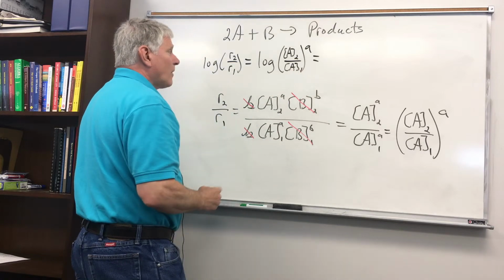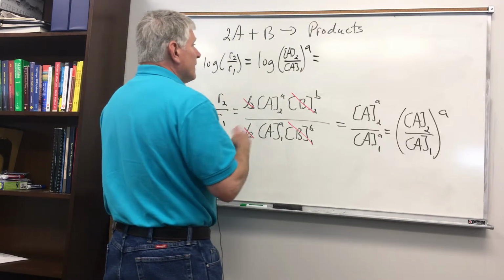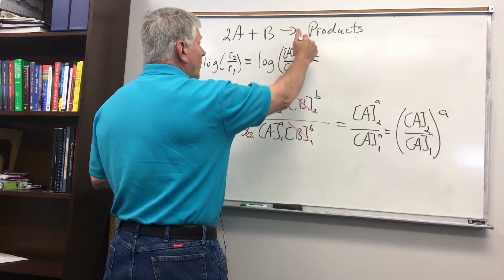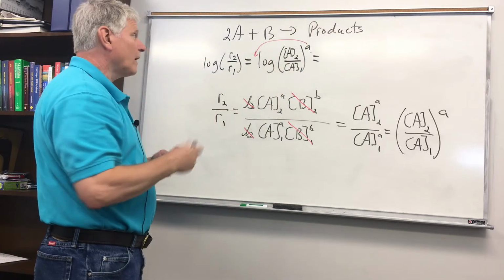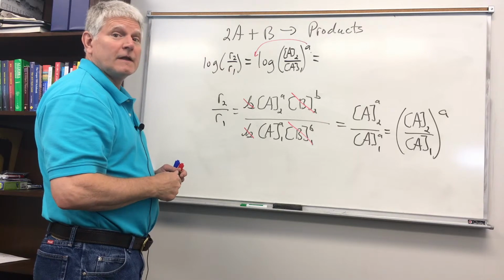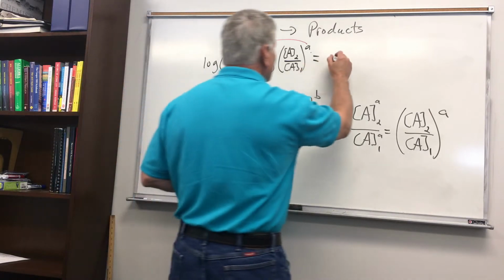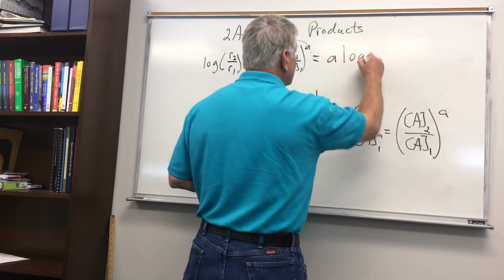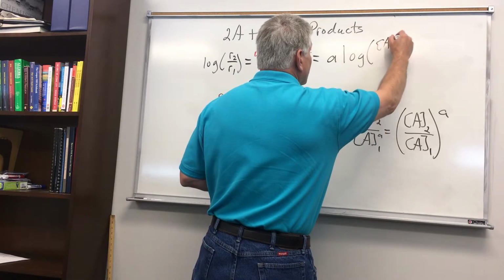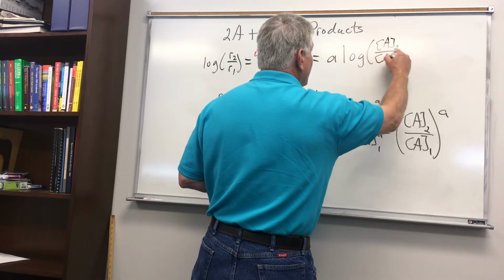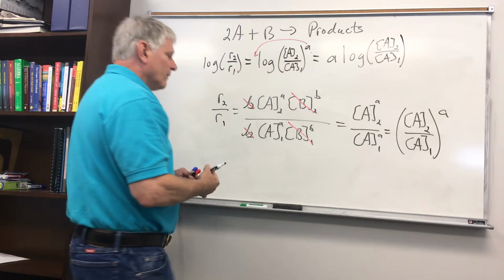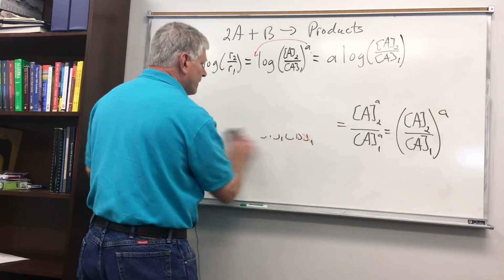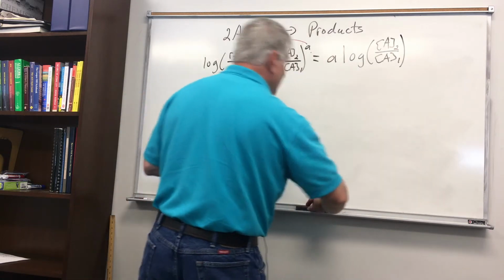Using a property of logs, if I have an exponent in the argument of the log, I can write that as a coefficient in front of the logarithm. So this becomes a times the log of the concentration of A for experiment 2 divided by the concentration of A at experiment 1. So now I can easily solve for little a.